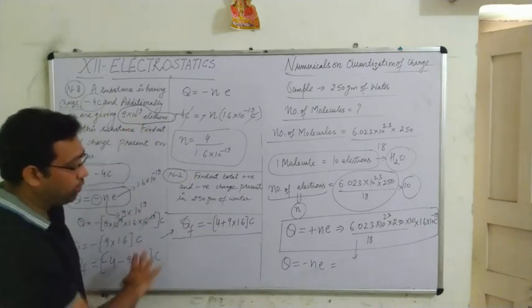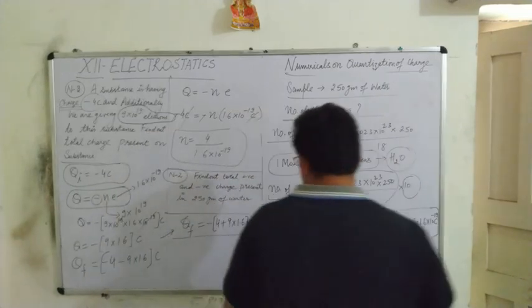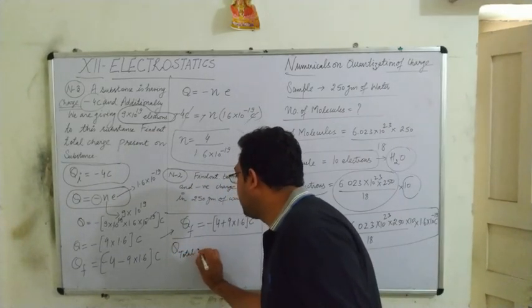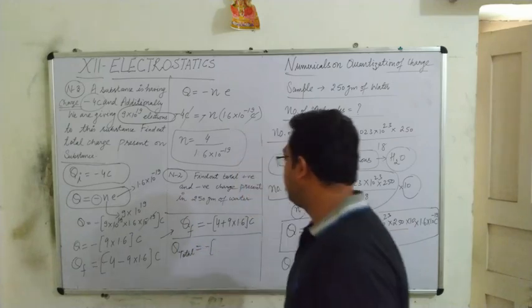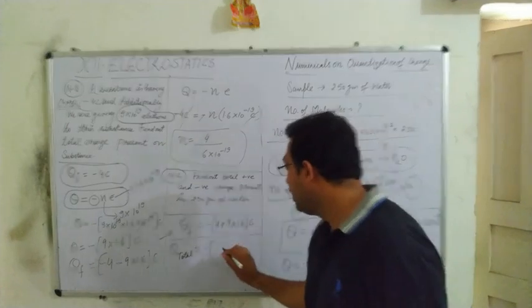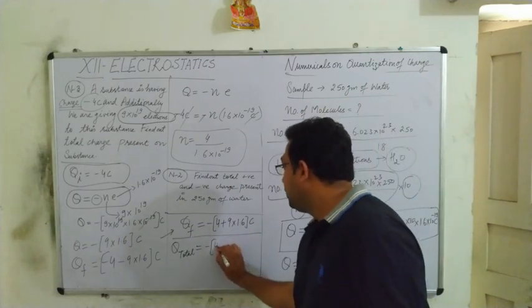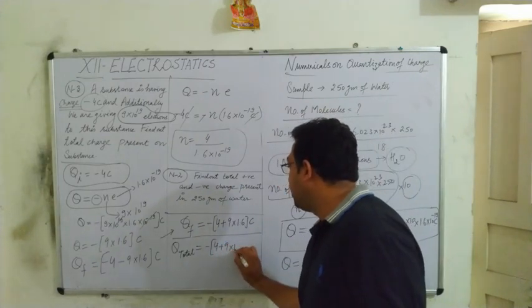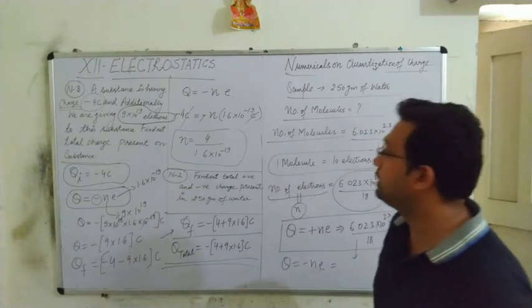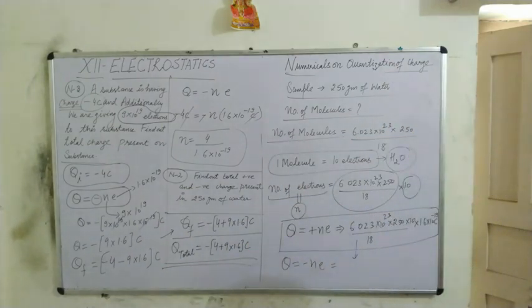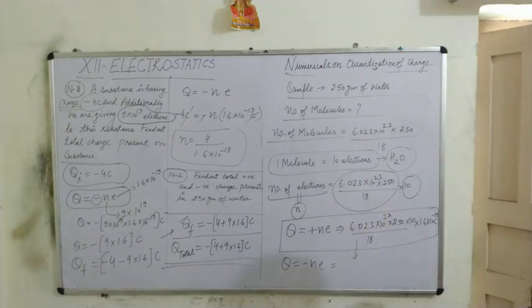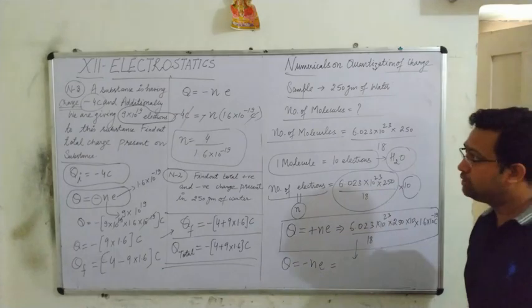So this is the total value of charge on this sample. Now these are basic numericals on quantization of charge.